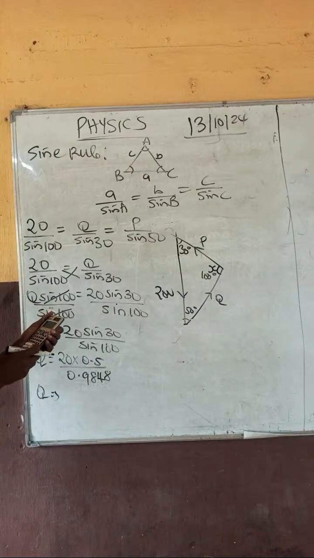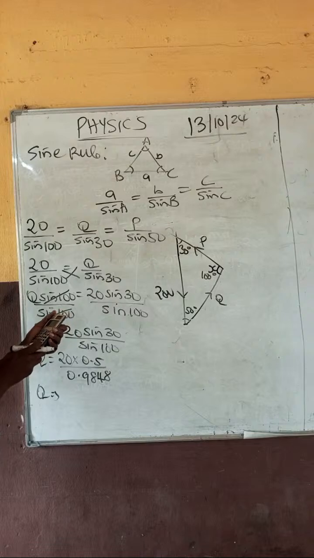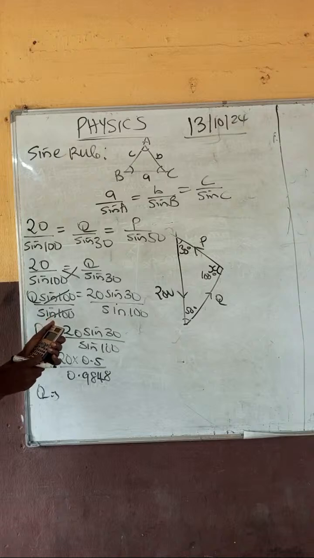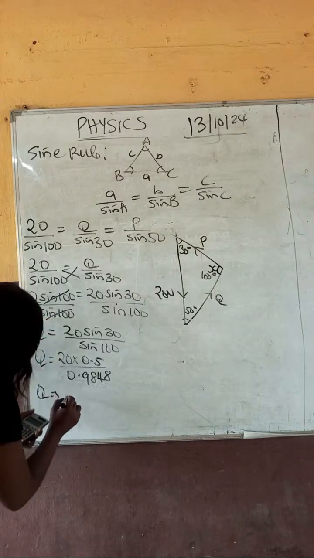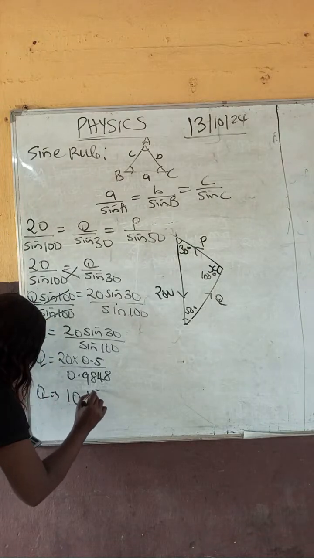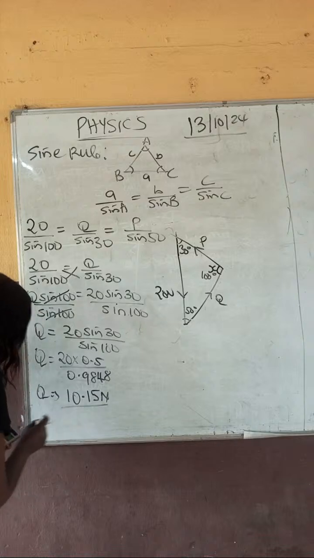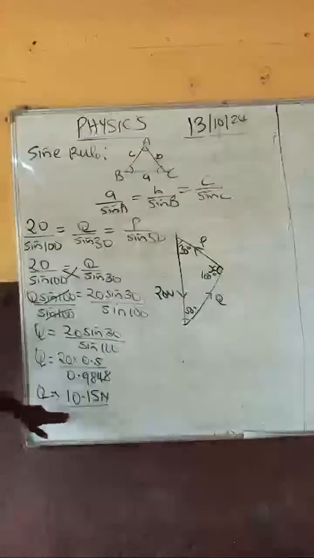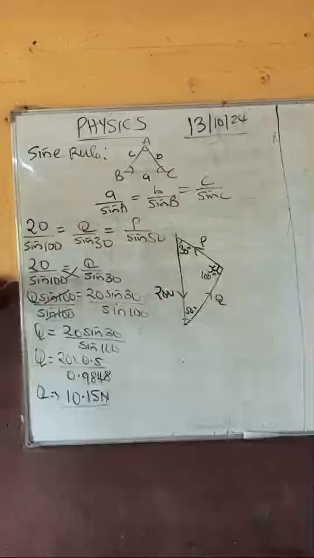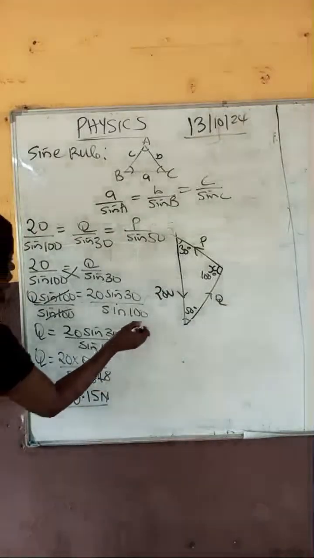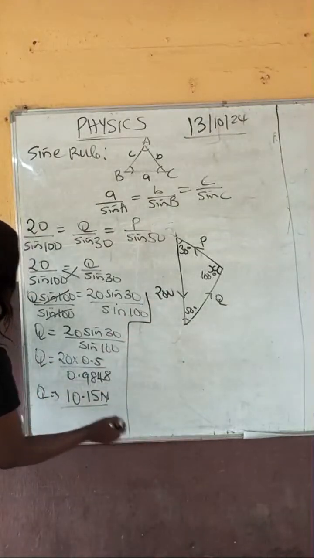So let's multiply. 20 times 0.5, divided by 0.9848. Okay, so we have 10.15 newtons. First tension, which is Q.